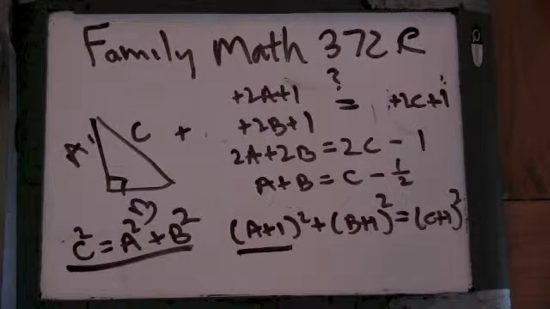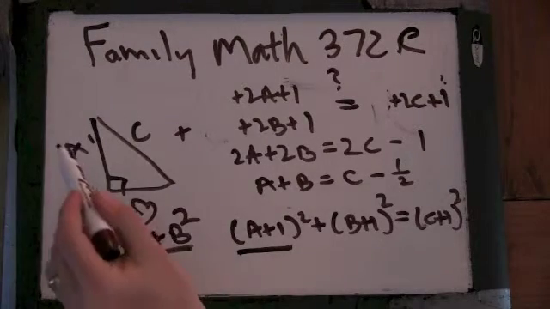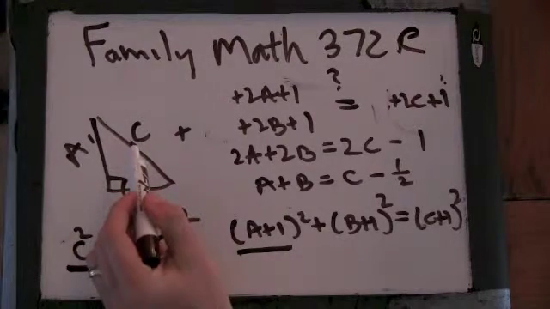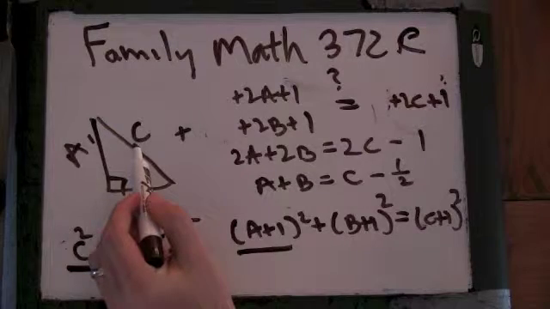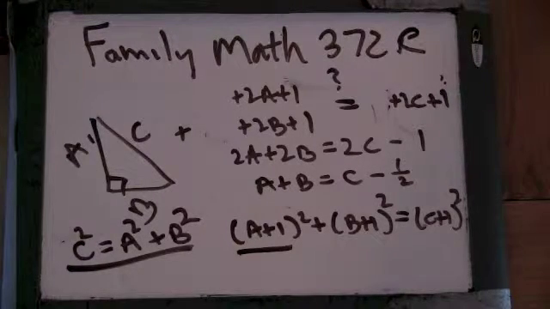So we can't have a, b, and c be integers forming a right triangle, and have a plus 1, b plus 1, and c plus 1 also form a right triangle. That's a cool thing we just learned. Maybe it would have been some crazy right triangle with 100-digit numbers that somehow magically worked, but it turns out it never works.